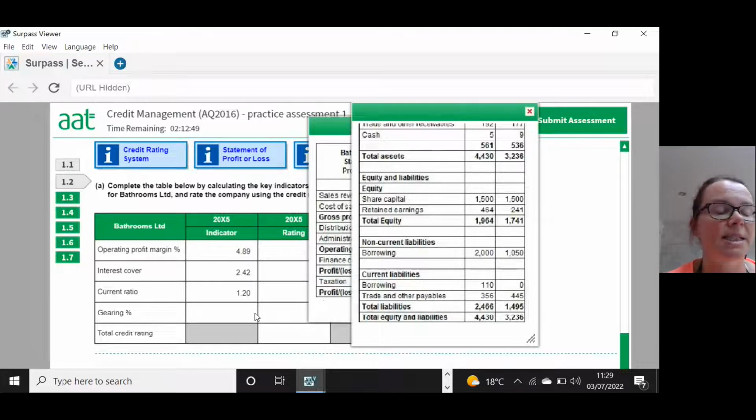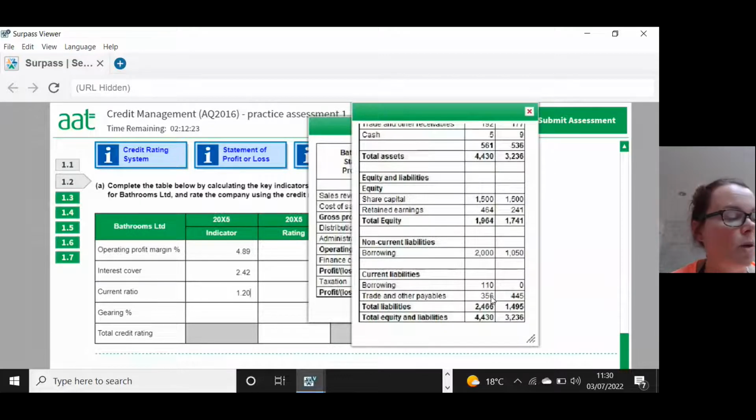Right, then gearing. So gearing is a measure of how much of the total finance comes from debt. Remember, in the credit management exam, debt will be all of your borrowing, not just the non-current liability figure. So here we're going to have to do the 2,000 plus the 110.